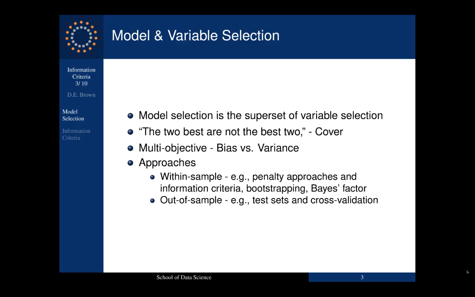So for a lot of reasons, these penalty approaches, particularly the information criteria approaches, are the ones to use in order to get a good model out of a number of different models. They're particularly popular now as we look at problems using deep learning, where we've got lots of parameters and lots of data, and we just can't do cross-validation.